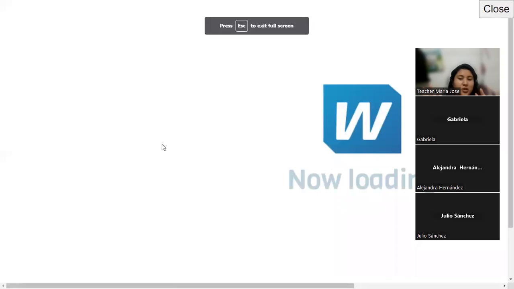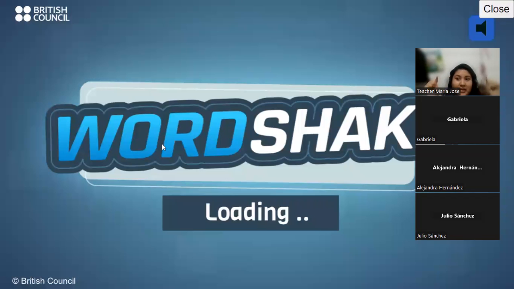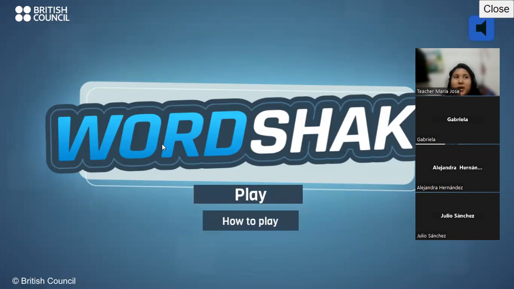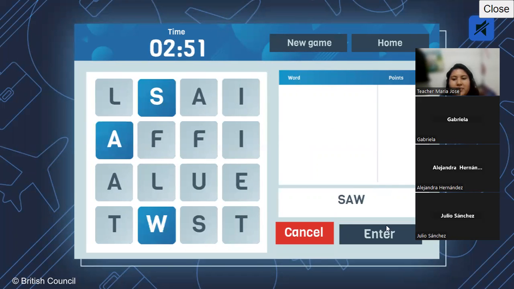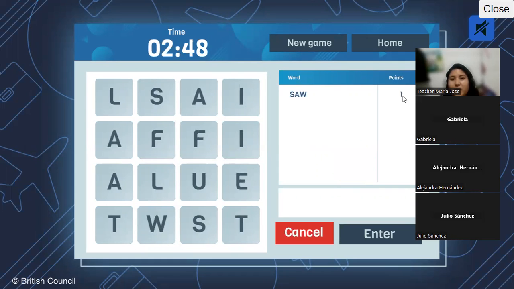On the screen, you are going to be seeing different letters, so we have to try to identify as many words as possible using only the letters that we have on the screen. So let's see how we do. Okay, for example, here I have different letters. I can, for example, identify the word so, okay? Can you see a different word?